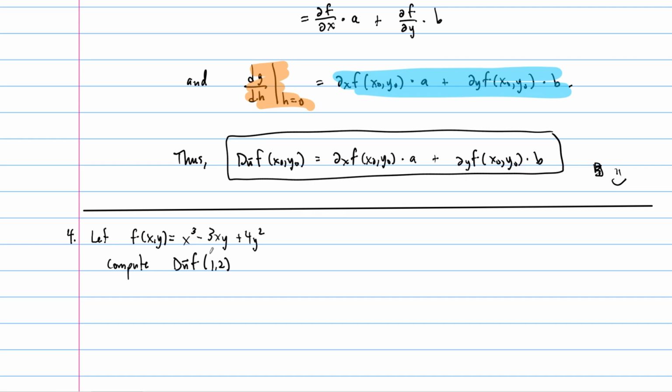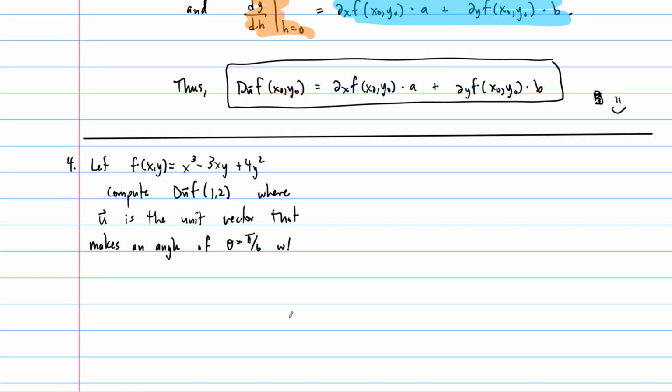This function is a polynomial, so its domain definitely contains 1, 2, where we have to know what u is, right? So where u is the direction vector, so I'll say it this way, it's the unit vector that makes an angle of theta equals pi over 6 with the positive x direction.